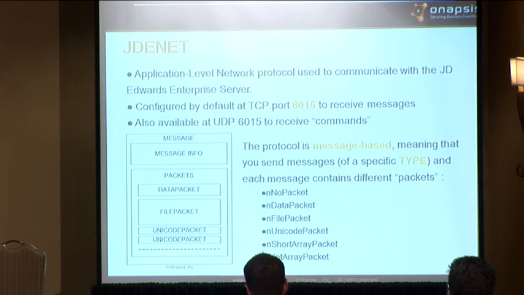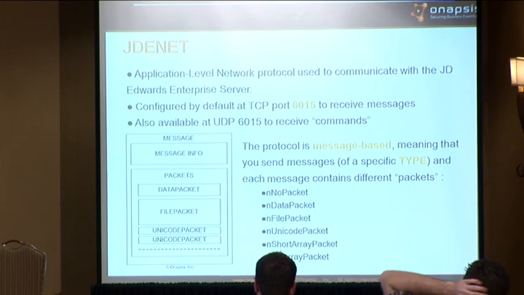And then within the message, I'm sorry, you have different packets. You can add a file packet, a data packet, a Unicode packet, an integer array packet. So you can add different information in the same message. This message is going to be processed by one specific function, and you need to comply with the specific interface.